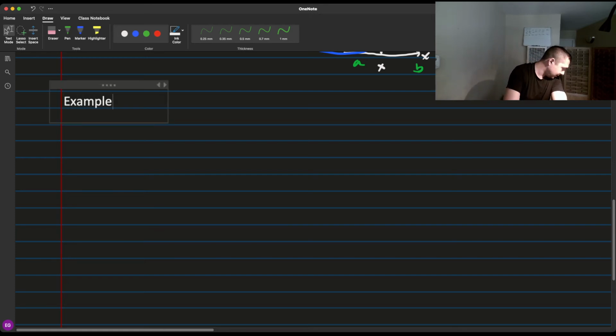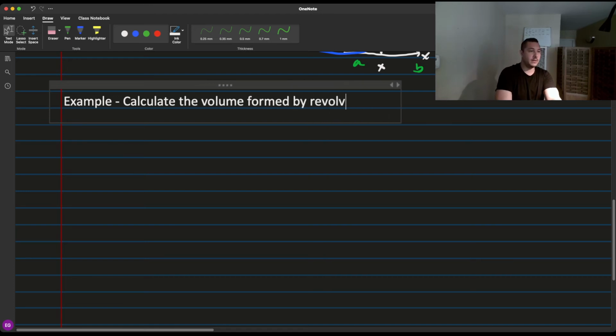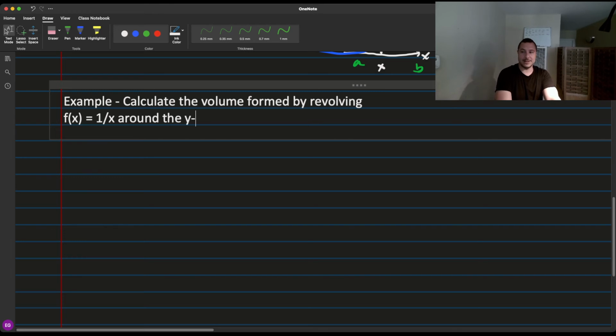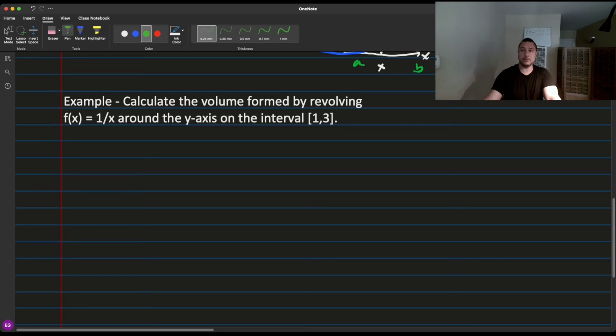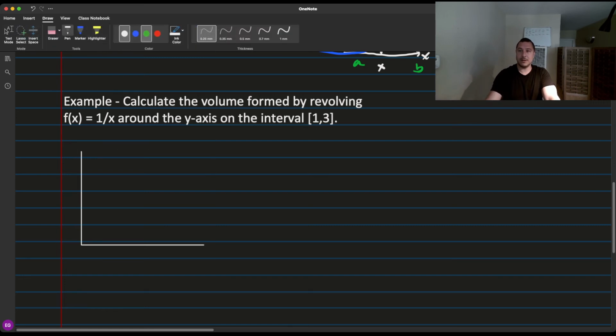Okay, so we'll do some examples. Example: calculate the volume formed by revolving f of x equals 1 over x around the y-axis on the interval 1, 3. Okay, so you have your 1 over x.